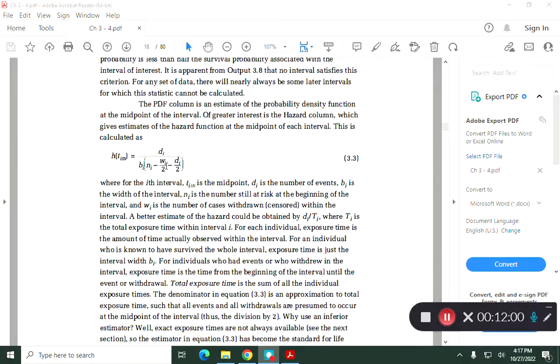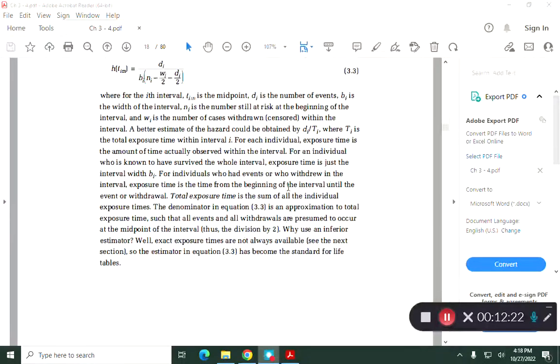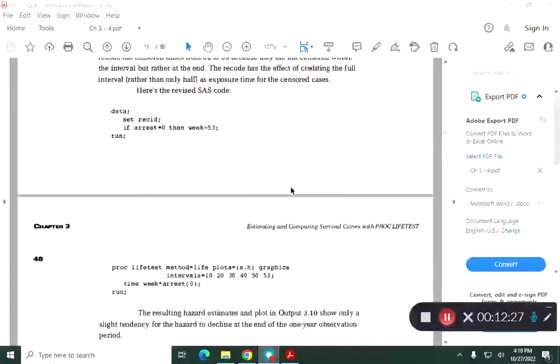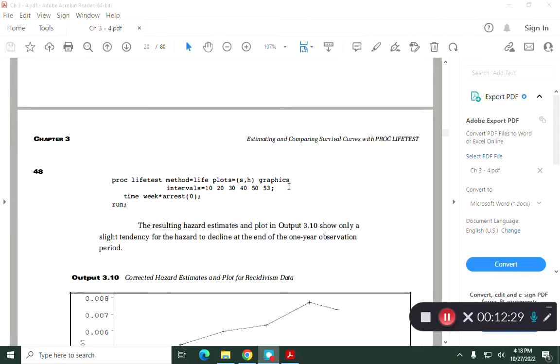And some people don't like to differentiate this. You just say, I'm just using half of W plus D, okay? That is, 300 dropped to 200, so we say there are 100. Those 100 could be due to death or due to withdrawal, okay? And once you do that, you can have the life table, and then you can plot this, okay?